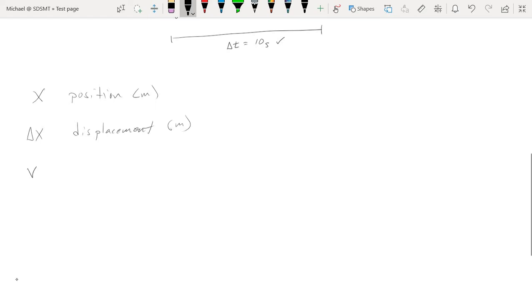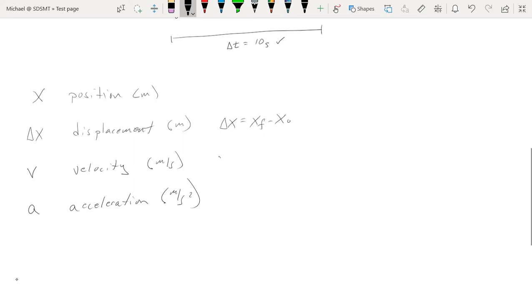We have v for velocity in meters per second. And we have a for acceleration in meters per second squared. And that delta x can be written out as x final minus x initial.